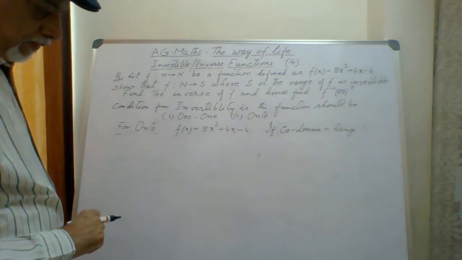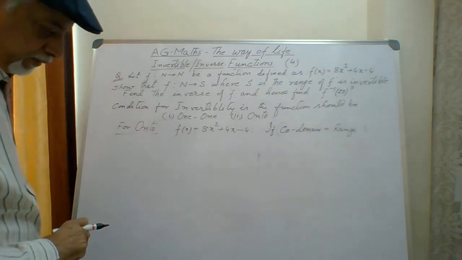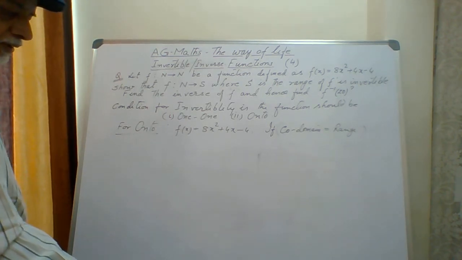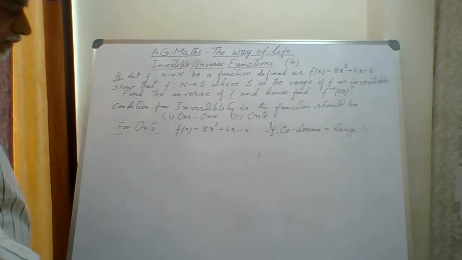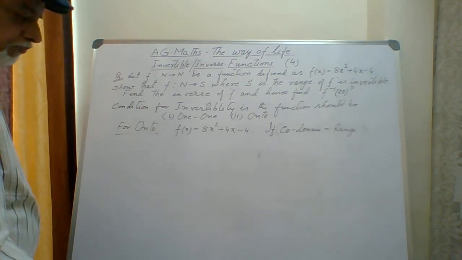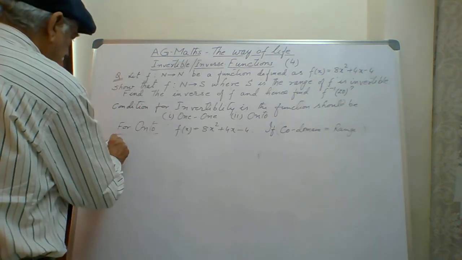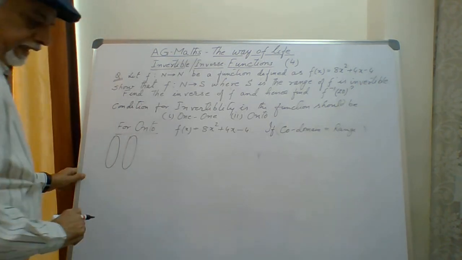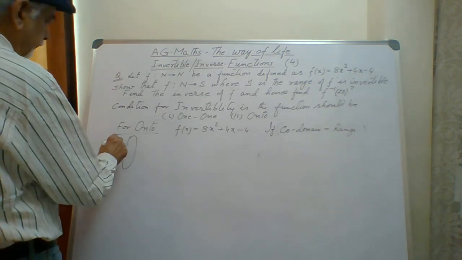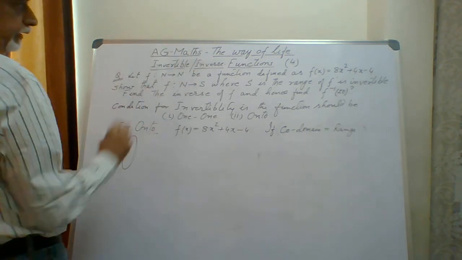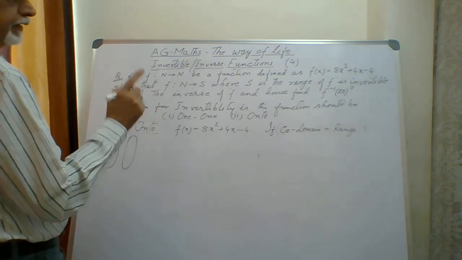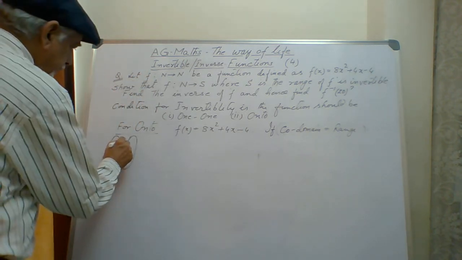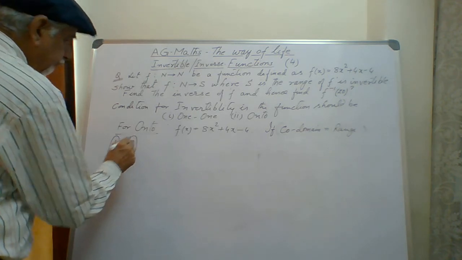Now codomain is represented as y, and the domain is x and images are called y. So we will have again to check that. Suppose I get 1 here. If I put 1 there in the given function, then I get 8 plus 4, 12 minus 4. So I get a value which is called 8.